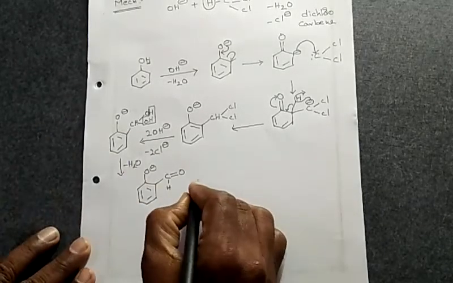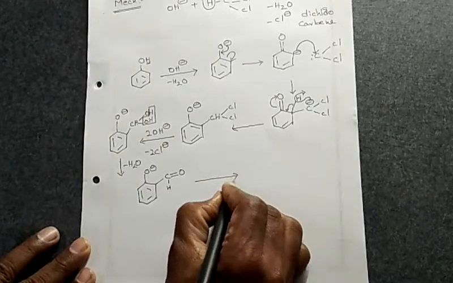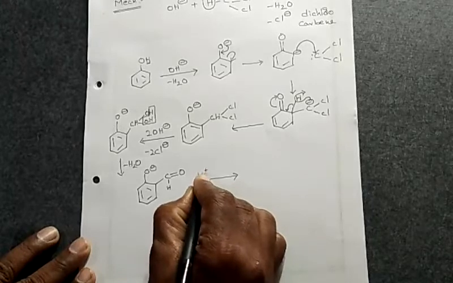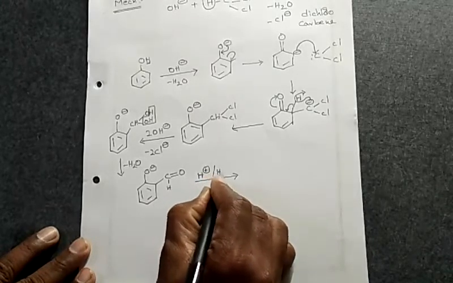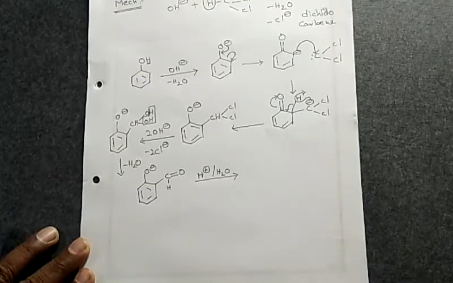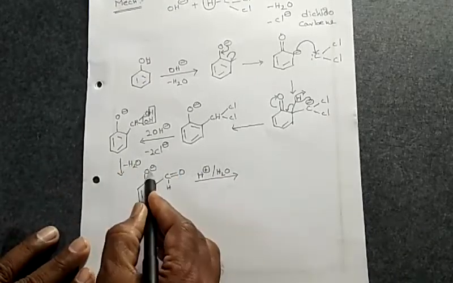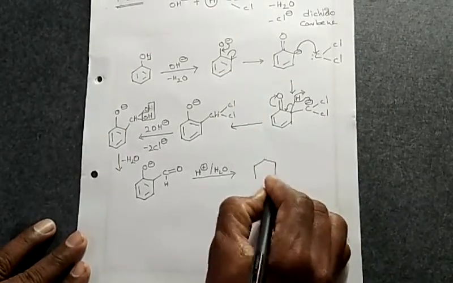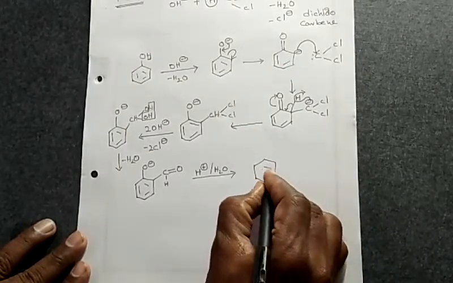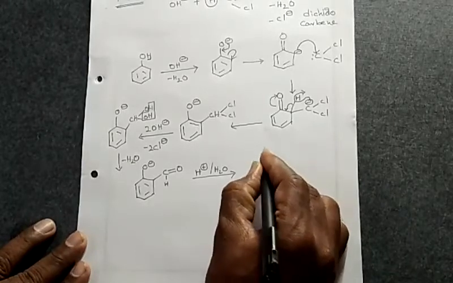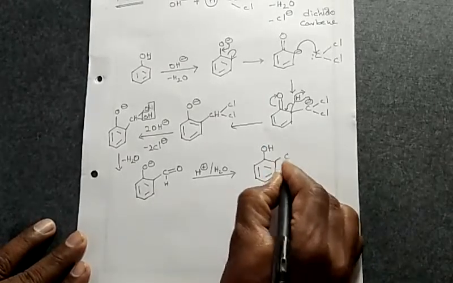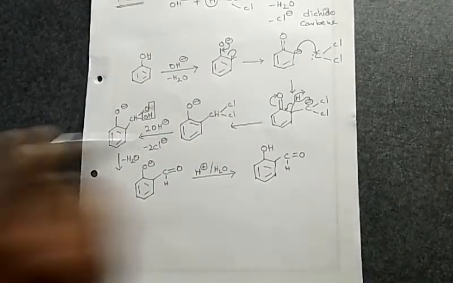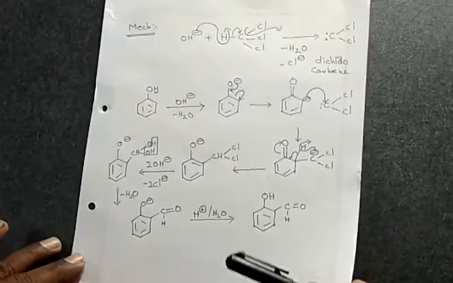Now in the final step of this reaction, as I told you at the beginning, the treatment with dilute acid comes into place. Upon treatment with the acid, the O minus acquires the H plus and converts itself to the OH group. So it has become OH CHO. Simple, right?